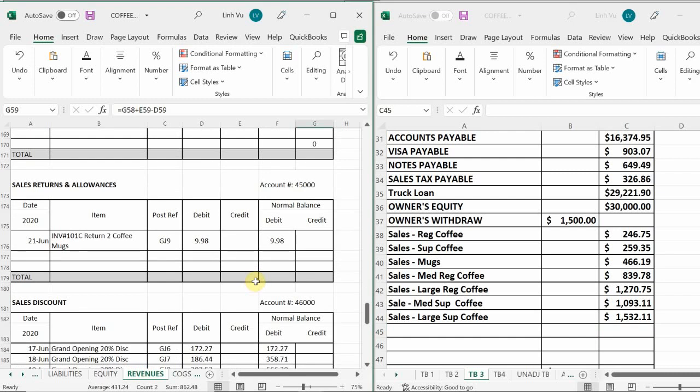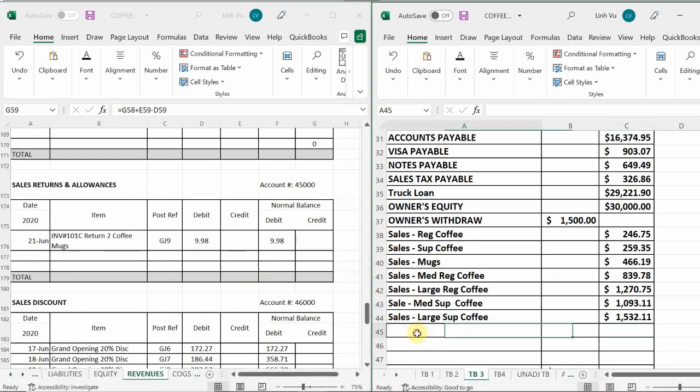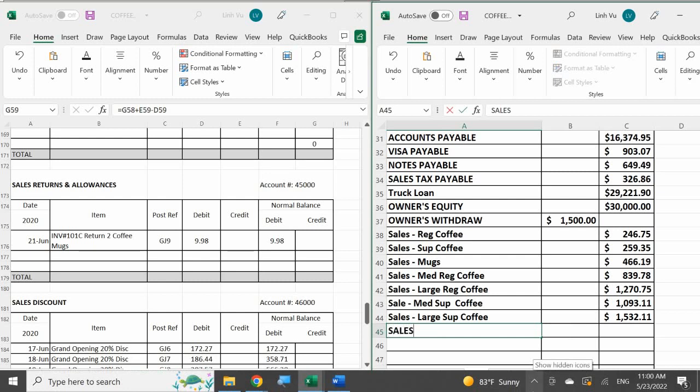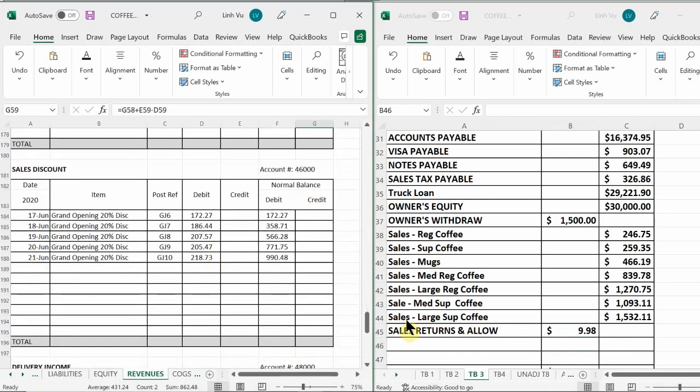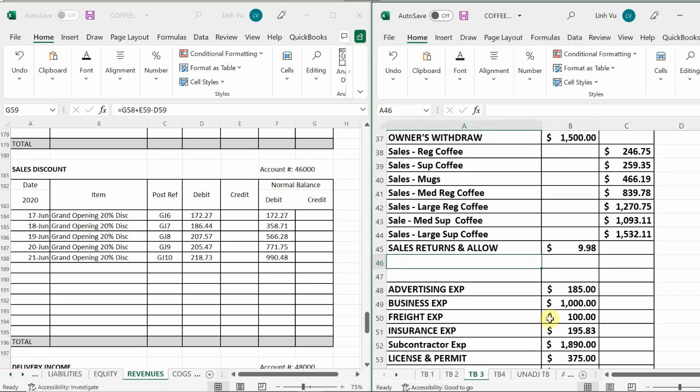Next I have sales returns and allowances. It's 9.98 debit. Good. And then I have a sales discount, 99.90 debit.